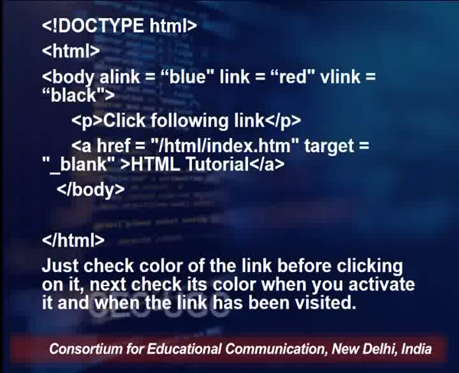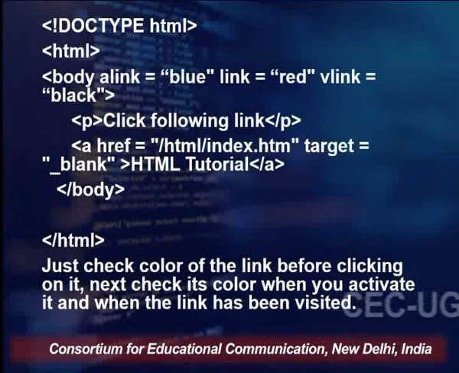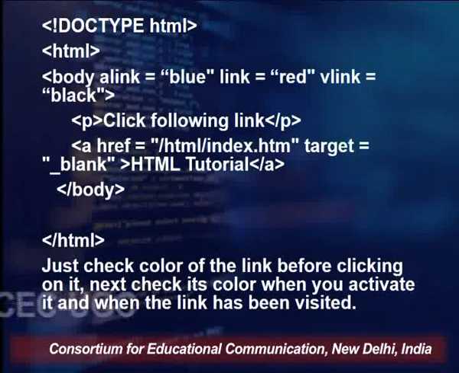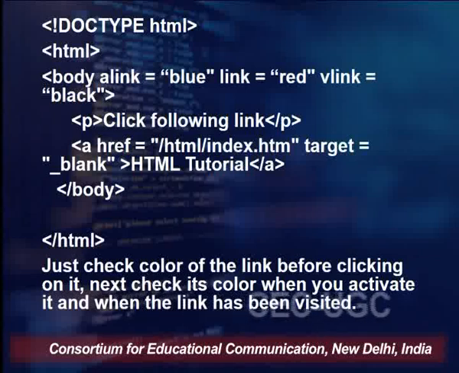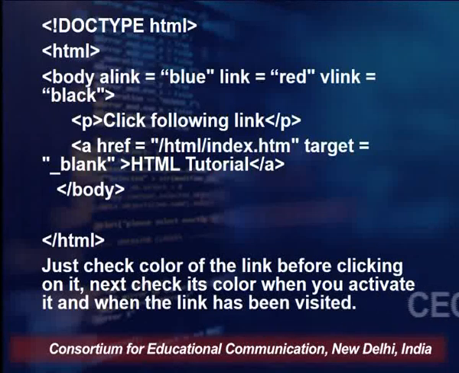So here, in the body tag, alink equals blue, so the active link will be displayed in blue, link equals red, so other normal links are in red, and vlink, the link which you have already visited, will be displayed in black. Then we made one particular link with the hypertext HTML tutorial.